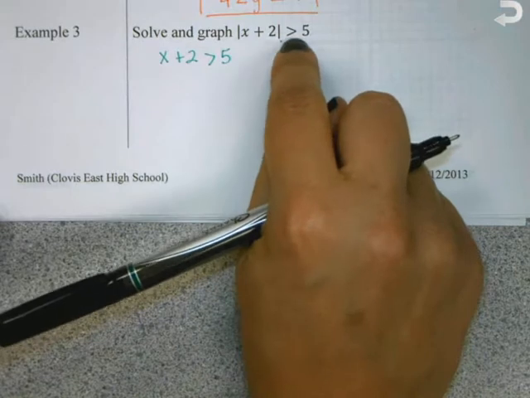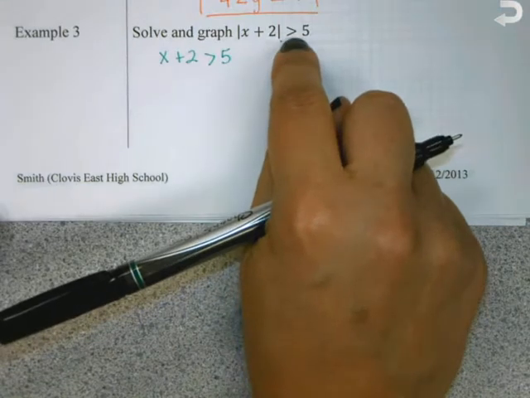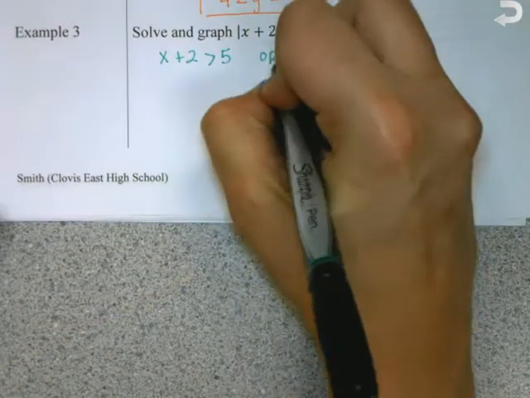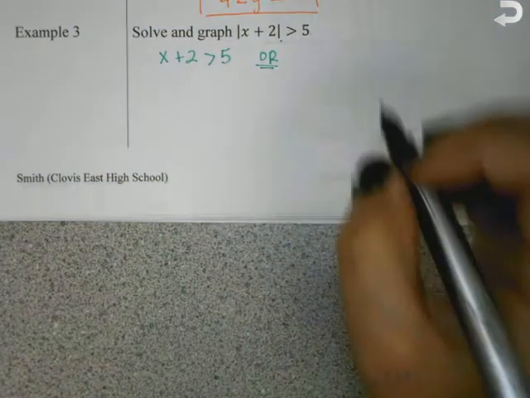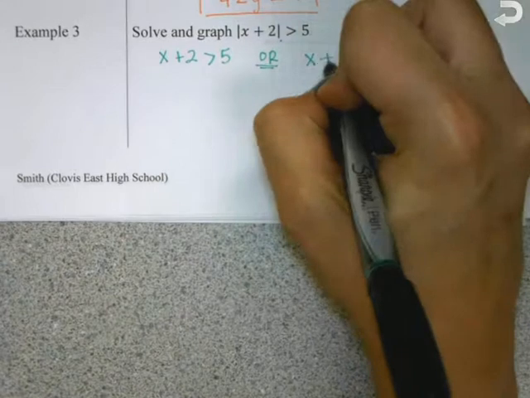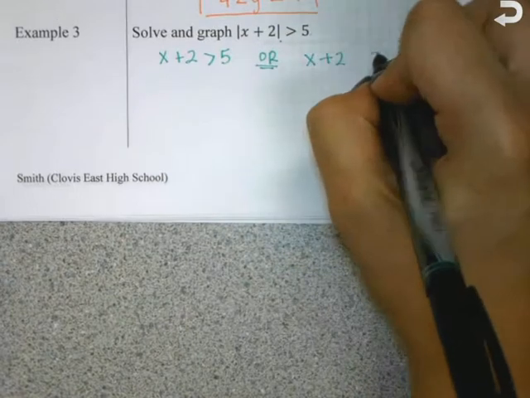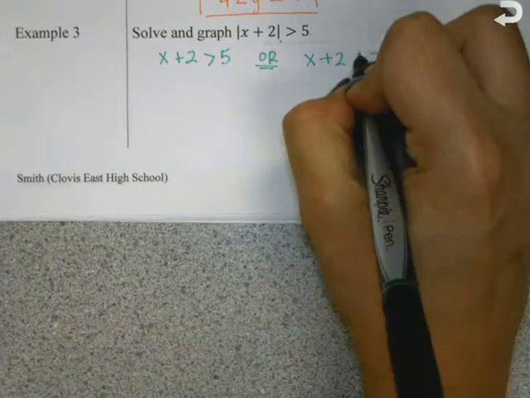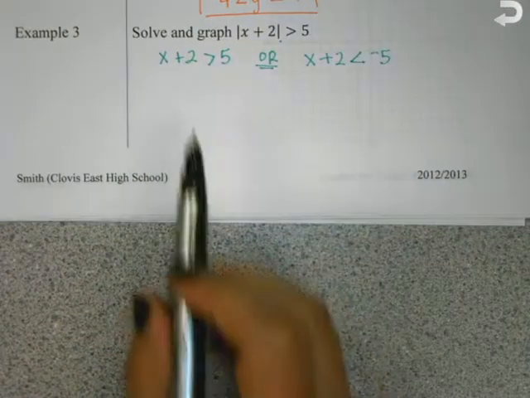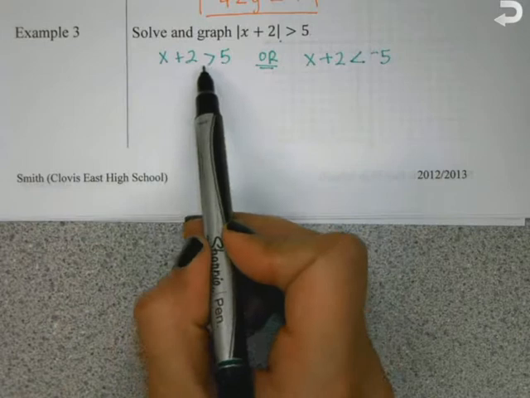And then when I break it up, x plus 2, we know that it's going to be a negative 5. And what happens when we change it to a negative? The symbol flips. So our answer will be x plus 2 greater than 5 or x plus 2 less than negative 5. So let's solve for x. We subtract 2 from both sides.